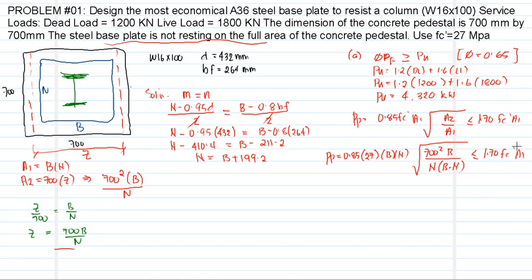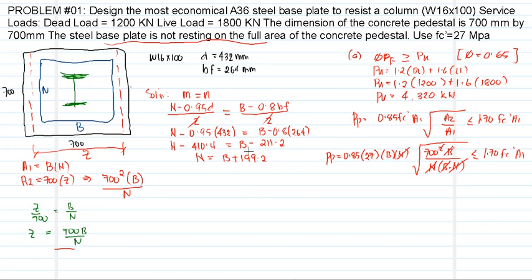So, the B will cancel. When you multiply the N, it becomes over N squared. And if you square root that, it becomes N. And if you divide that by this, this N will also cancel. Okay? So, this will cancel when you take the square root.